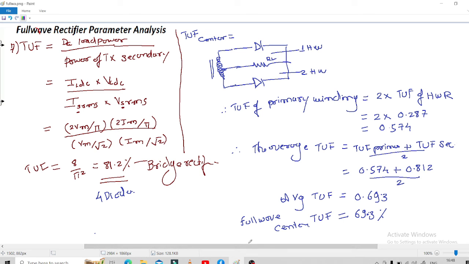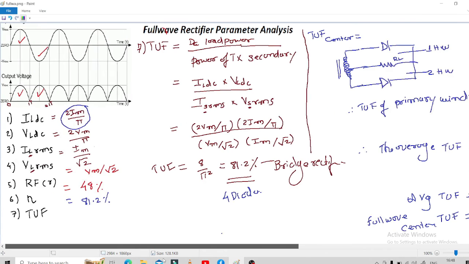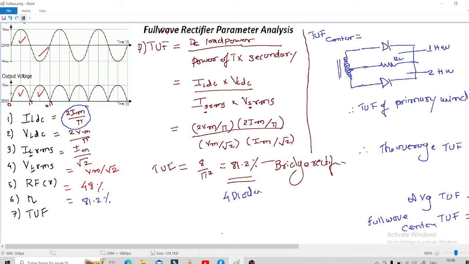So I can write here the TUF for the full wave bridge rectifier is 81.2%, and for center tap it is 69.3%.